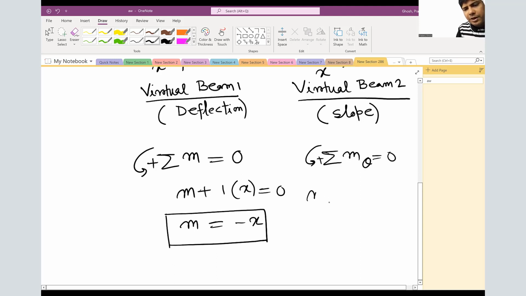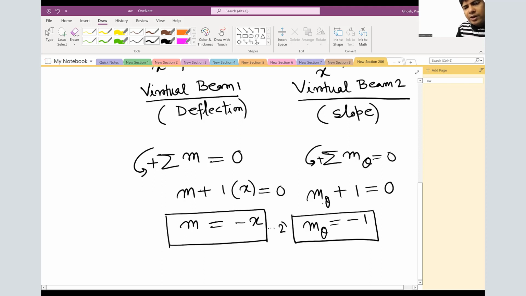So M sub theta, and then counterclockwise moment 1 is going to be 0, so M sub theta is minus 1. Let's name these equations 2 and 3, where 1 will be the real moment.